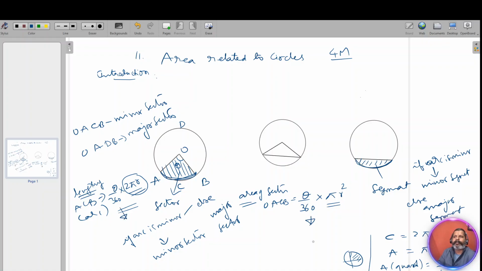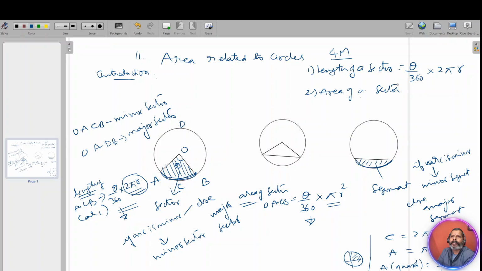So basically we have two formulas. Length of a sector is theta by 360 into 2 pi r. Area of a sector is equal to theta by 360 into pi r square.